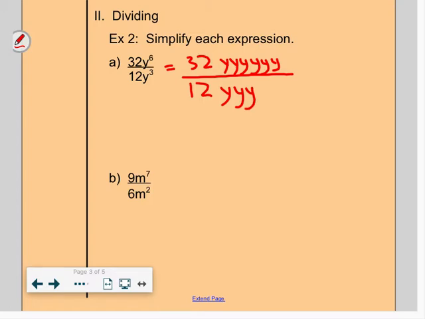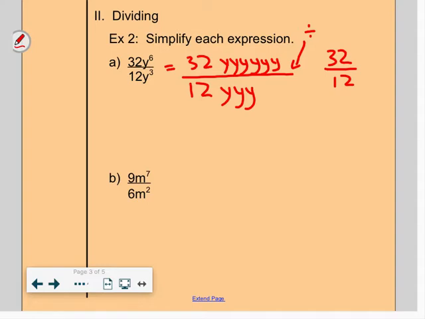The first thing that we're going to notice is 32 over 12. What this sign means is divide, so that's just another word for divide. But 32 over 12, we're going to simplify that fraction.